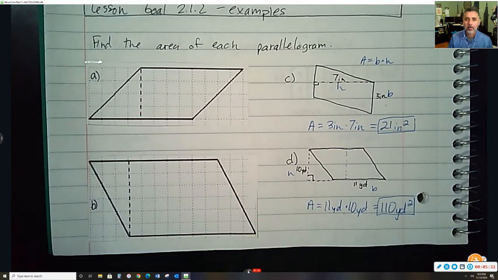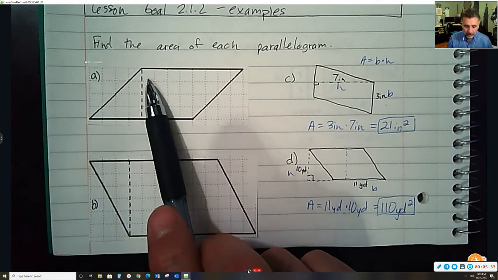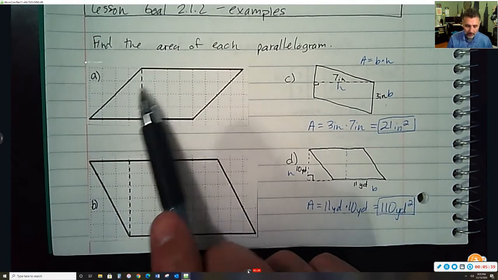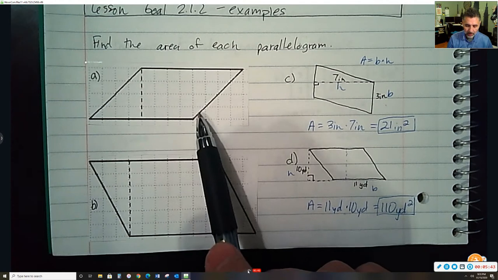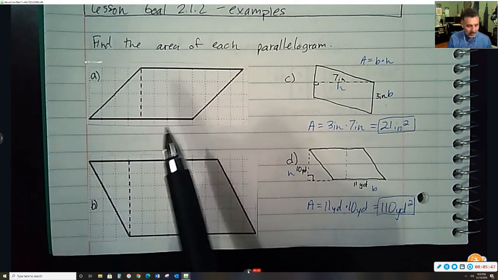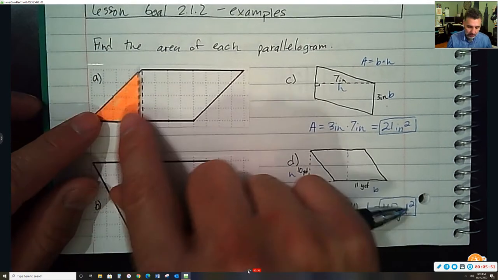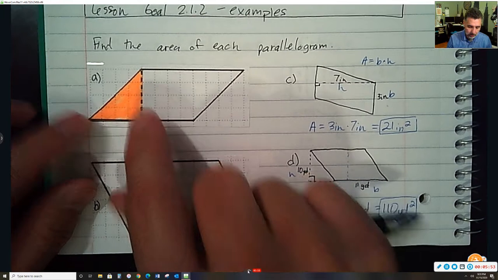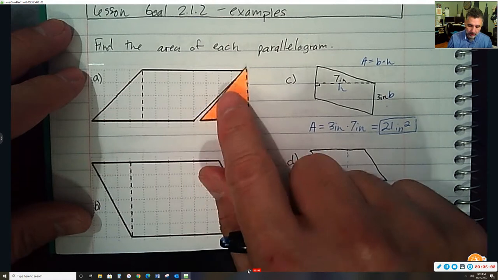Well. So let's do these. Now these, remember, if you can count the squares, just go ahead and count them. But then we run into some issues where some of the squares are used and not all of it. Well, the idea here is to use this trick. Watch. See this part of the parallelogram? Imagine if we cut that part of the parallelogram and then moved it over here.